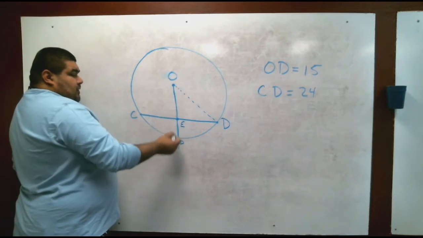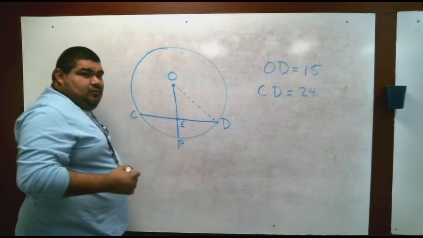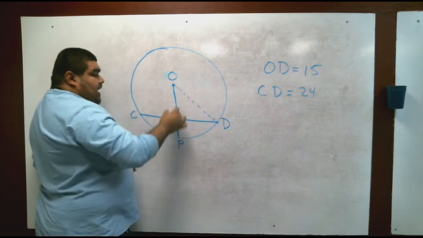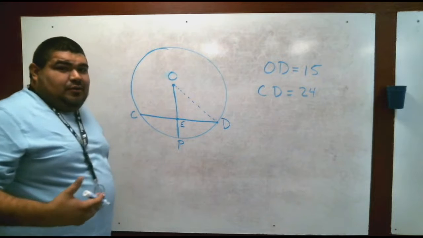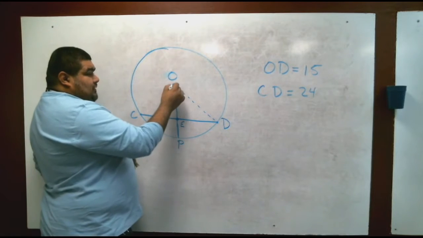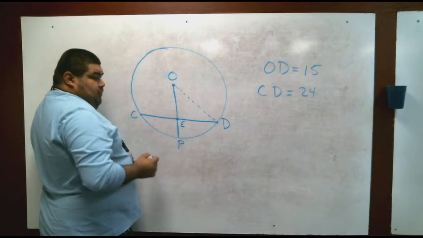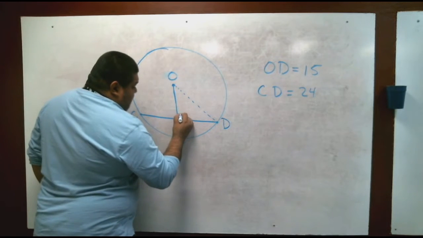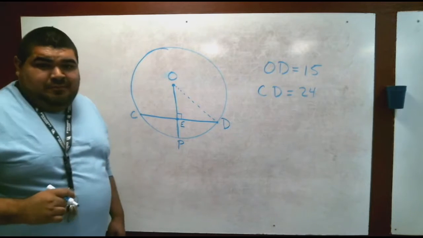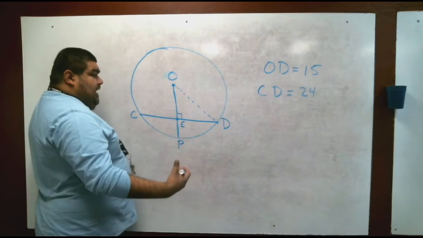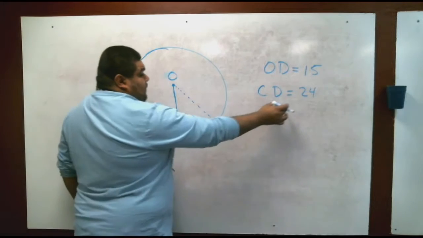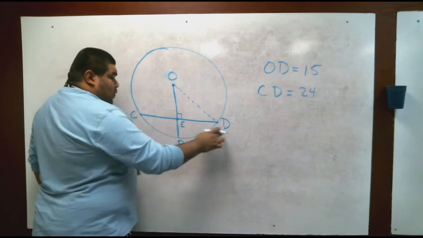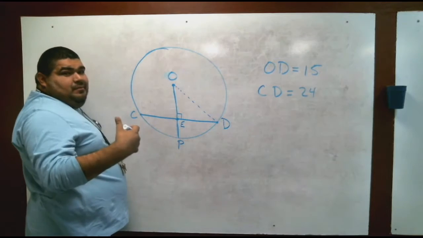Notice that the chord is bisected by OP halfway. How do you know it's halfway? Because there's a line that goes from the center to the outer rim of the circle, so it cuts it perfectly in half and makes a 90-degree angle. That means if CD is 24, to find half of this chord, we divide it by 2.